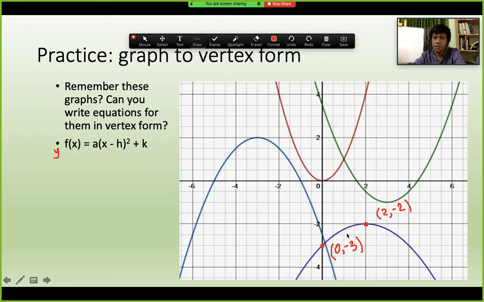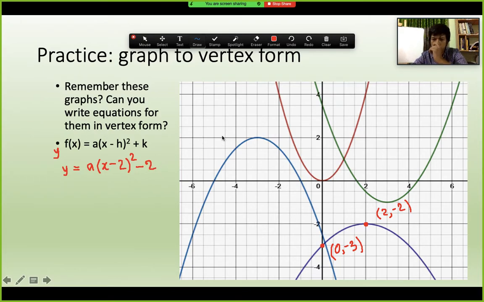So what we will do is, first let's put the h and k value. So y equals a into x minus 2 whole squared, then k value is minus 2.